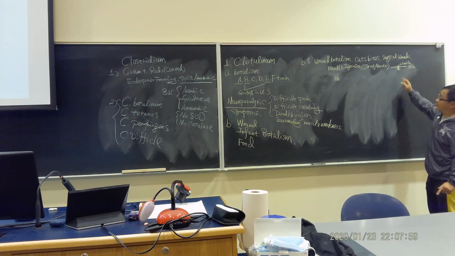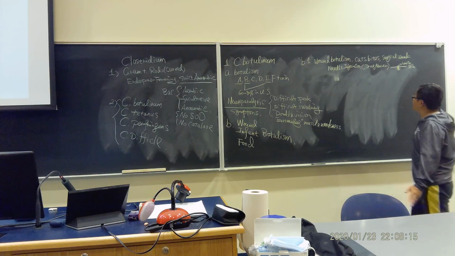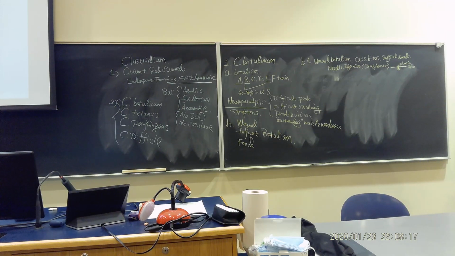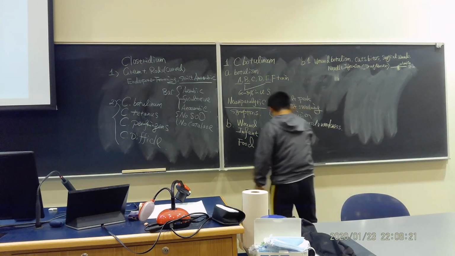They could survive there and create a toxin and spread it into your body, causing muscle weakness. So that is wound botulism. Very simple. In real life, the major risk group is actually drug abusers, so we're not going to mention this too much.